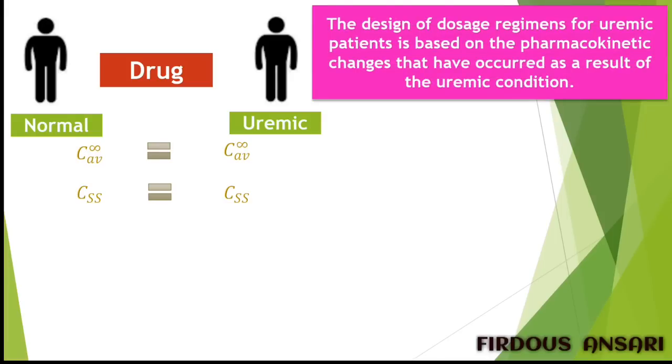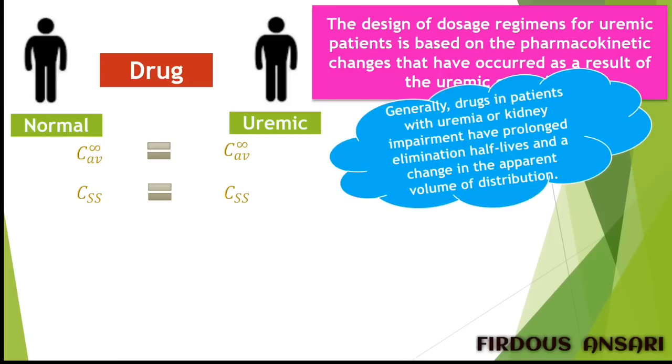The design of the dosage regimen for a uremic patient is based on pharmacokinetic changes that have occurred as a result of the uremic condition. So we know various pharmacokinetic changes take place in uremic patients because of renal impairment.